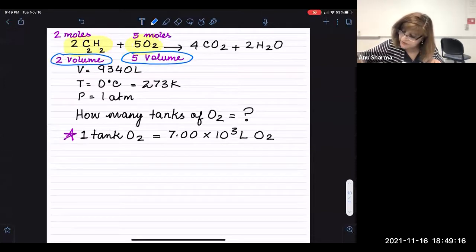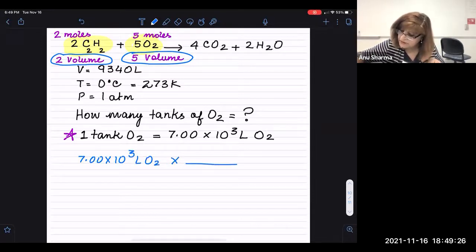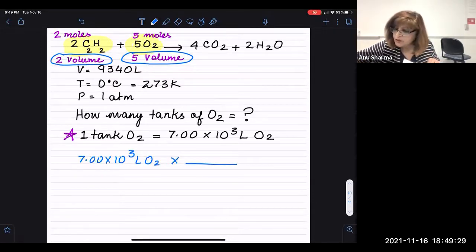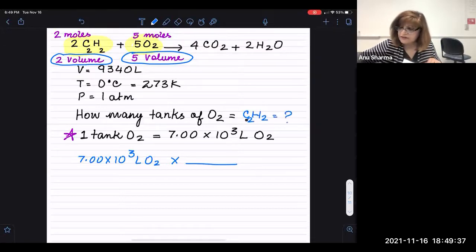So there is 7.00 times 10 to the power 3 liters of oxygen times. We need to find how many tanks of oxygen would be equal to burning the acetylene, C2H2.